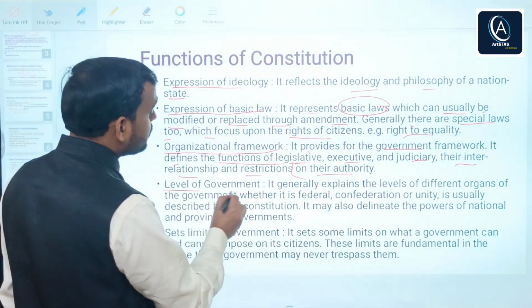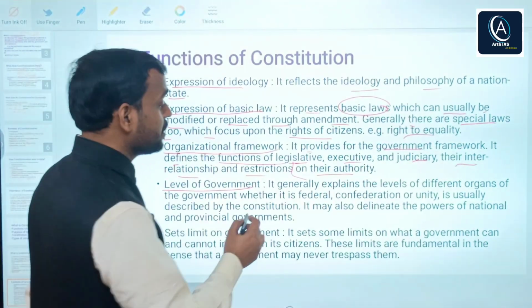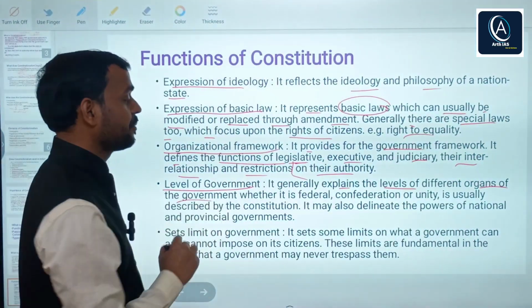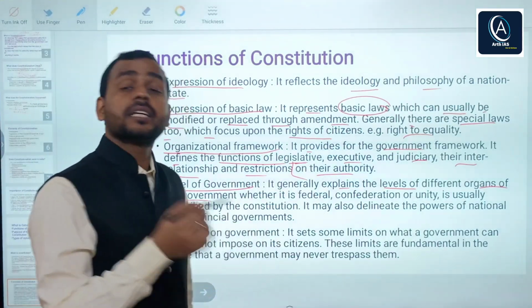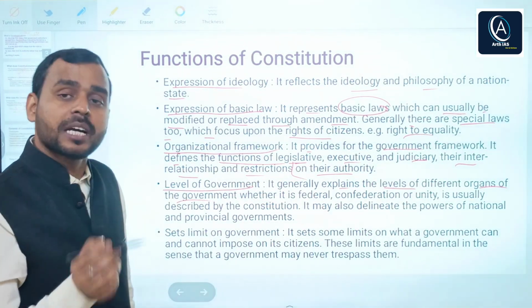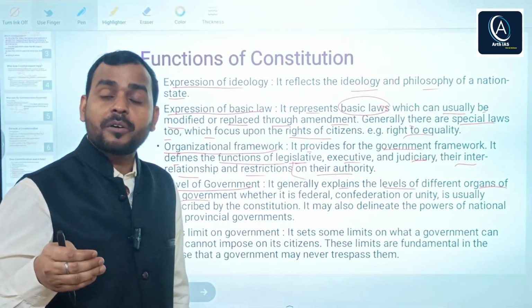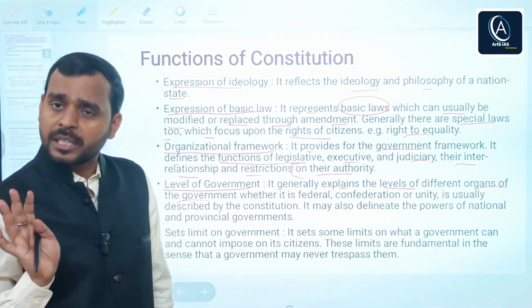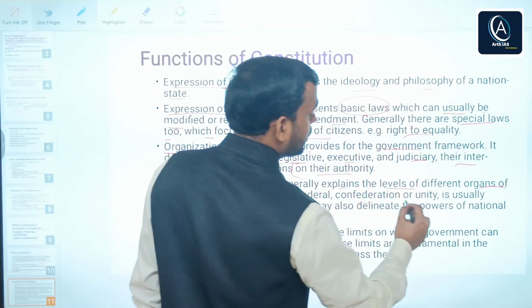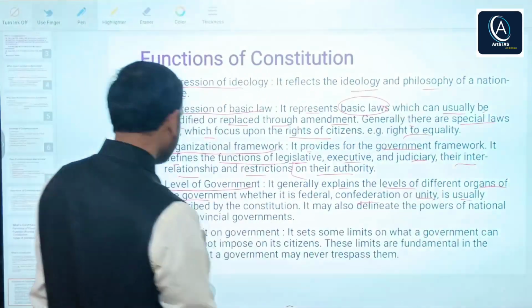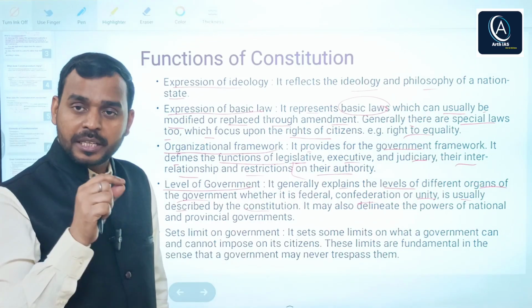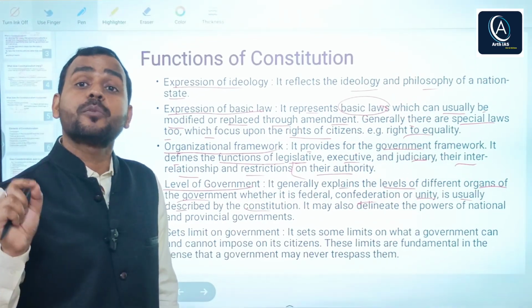Again, level of government. It generally explains the level of different organs of government. For example, whether a government is federal or not. Federal, I told you, means division of power between the federal or union government and the state or regional government. Confederation, unity is usually described by the constitution. For example, the preamble defines India as a sovereign socialist secular democratic republic.